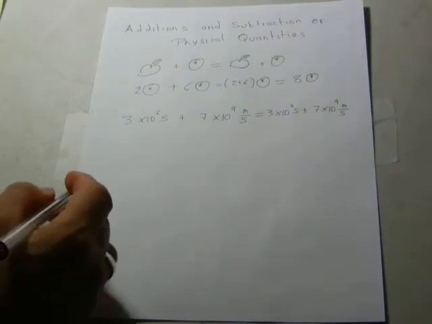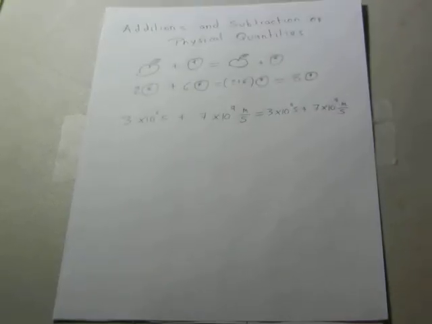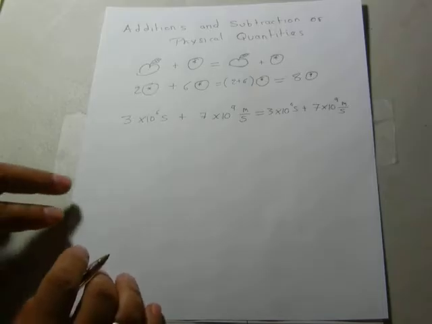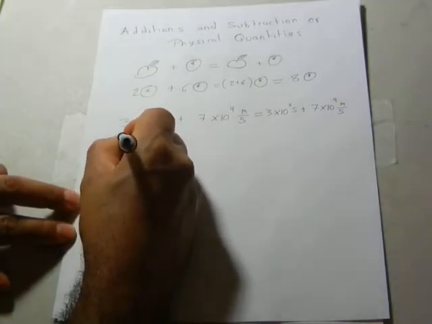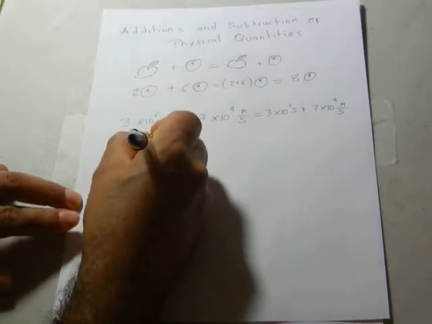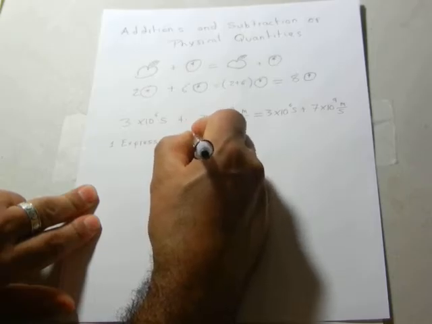Let's continue. So the first thing, as we have done, is try to simplify. Every single number that we have for addition and subtraction, the first thing is to express in scientific notation.